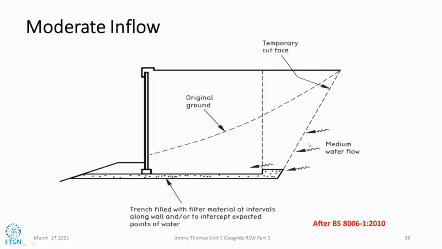Then medium water inflow. Here we provide a horizontal trench at the bottom. It need not be a continuous drainage blanket. We can provide trenches at regular intervals, or nowadays we also have pipes or rectangular slotted pipe type products. We can use those also. The water will be intercepted, come to this, and be disposed of horizontally.